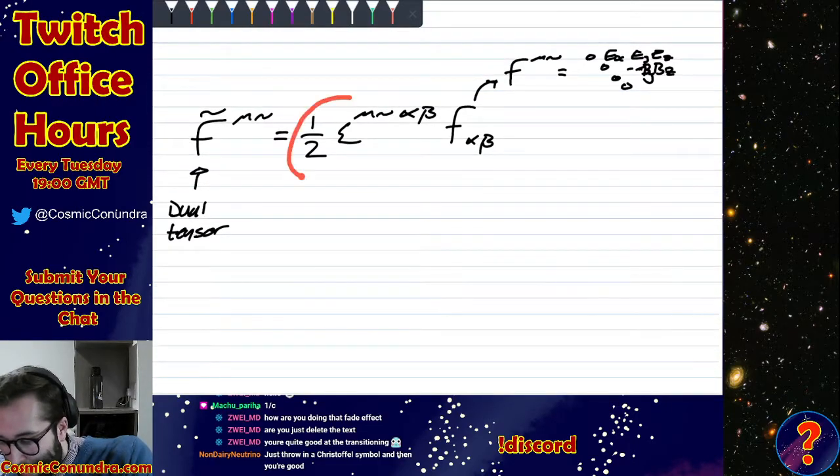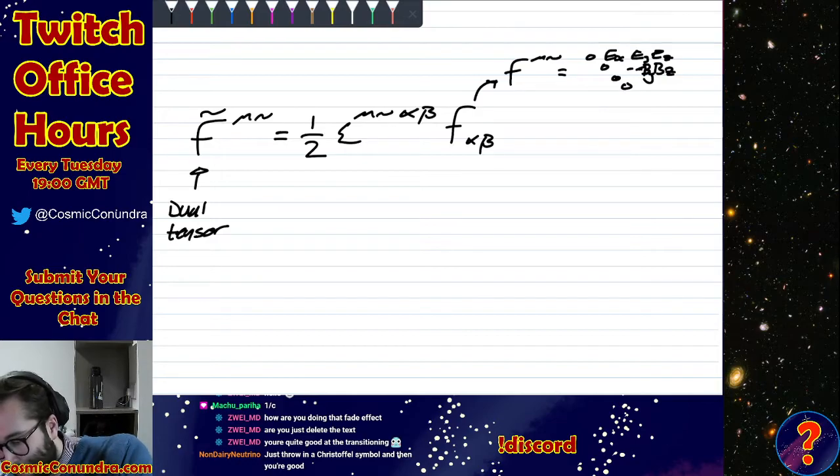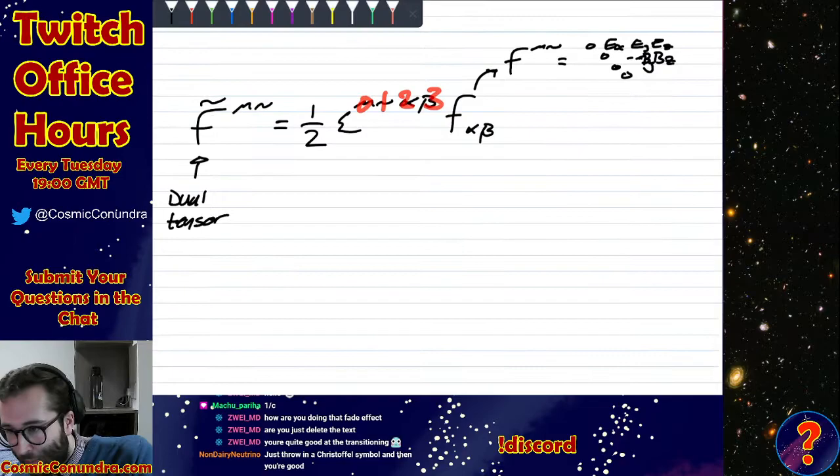Now, if you multiply it by this Levi-Civita tensor, which is defined in such a way that it equals +1 when you have a cyclic arrangement of 0, 1, 2, and 3. If this was 0, this was 1, this was 2, this was 3, this tensor would be +1.